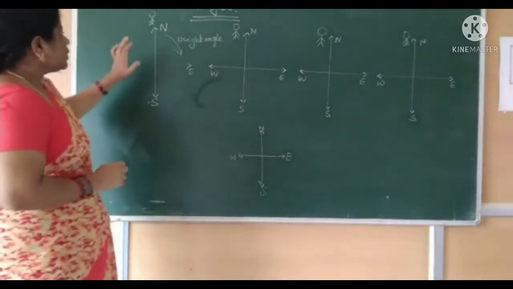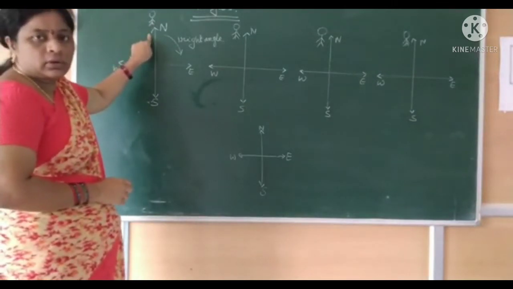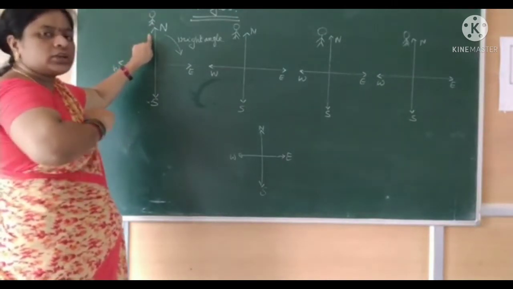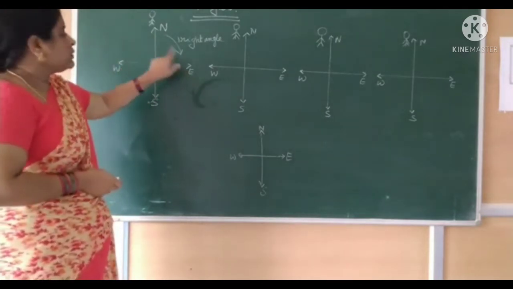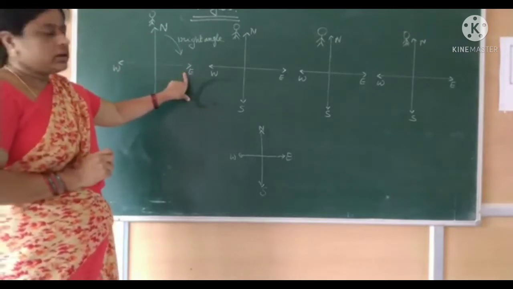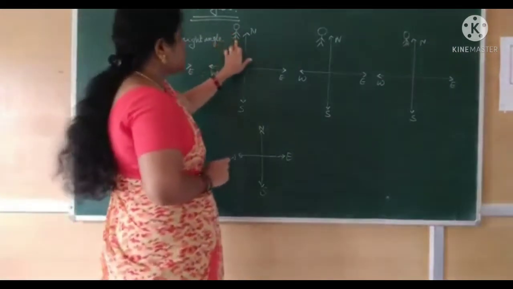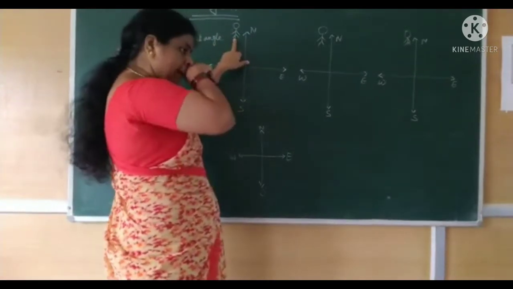A person is standing on north. He wants to turn clockwise to face east direction. The angle between north and east, we know, is one right angle. Again, the person is standing on north.